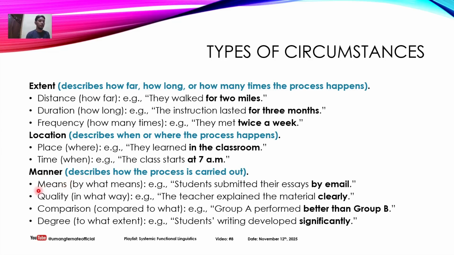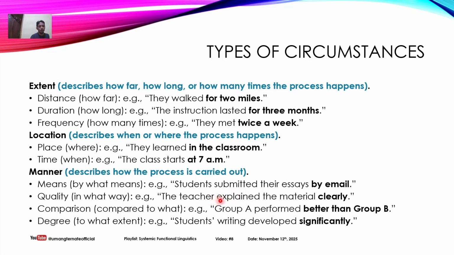It consists of the means, by what means the process is carried out, like students submitted their essays by email. So by email here is the means by which their essays were submitted. Then the quality, or in what way.